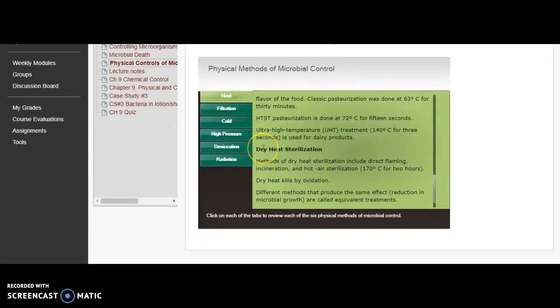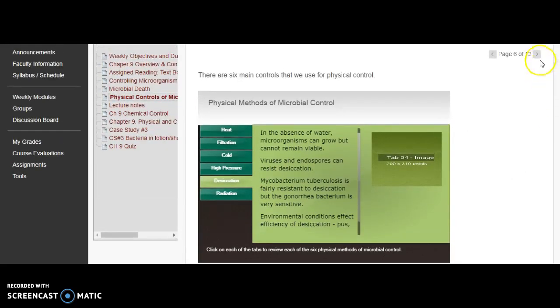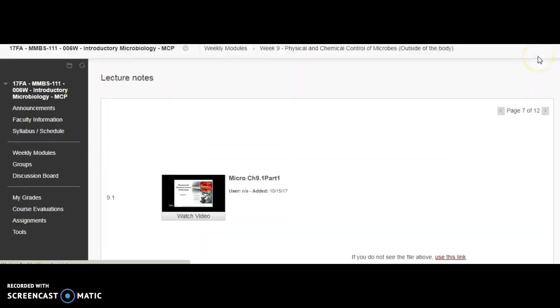So in your objectives, it says state the 6 means of physical control. So heat is 2 of them, moist heat and dry heat. Then filtration, cold, desiccation, and radiation treatment.